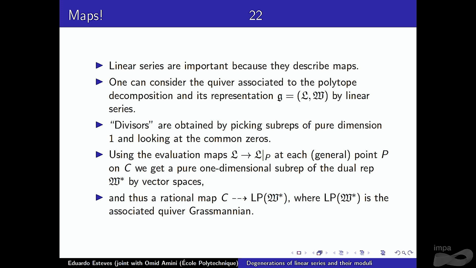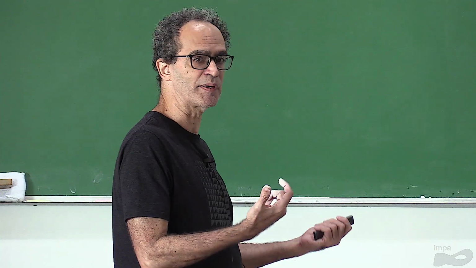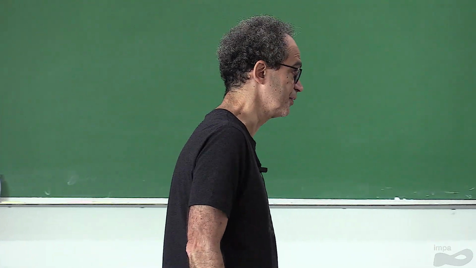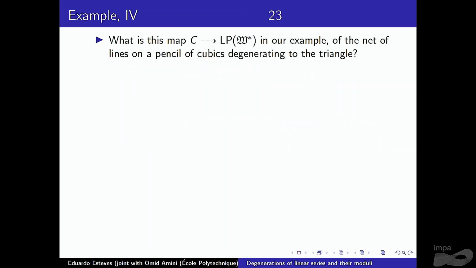This is our notation for linked projective space, which is the variety parameterizing subrepresentations of dimension 1 of our representation. So that's a quiver Grassmannian. And so I can tell you what happens in this case of degenerating the pencil of cubics.